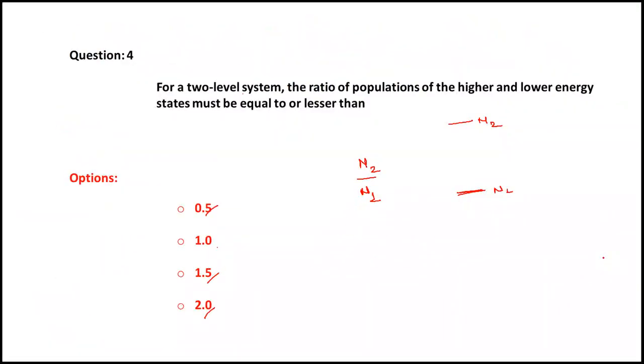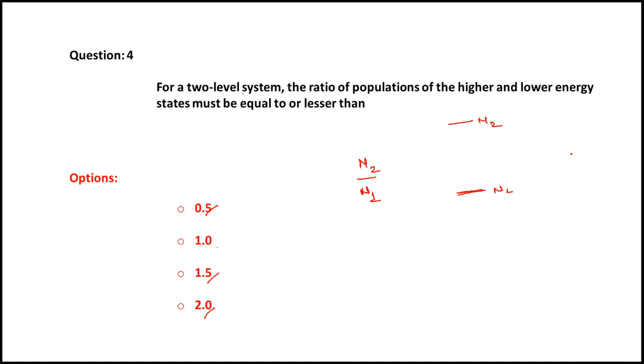So it comes out to be 2.33. If we take the equation N2 by N total less than half, and instead of N total we write N1 plus N2, from that we can derive N2 by N1. But that time my answer is coming 1, but the correct answer they say is 0.5.